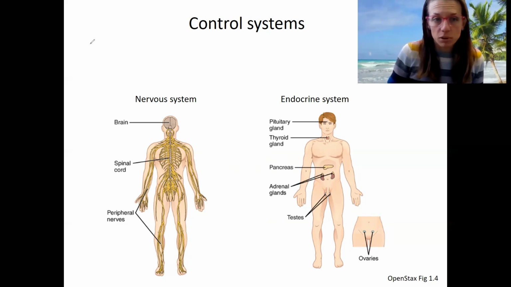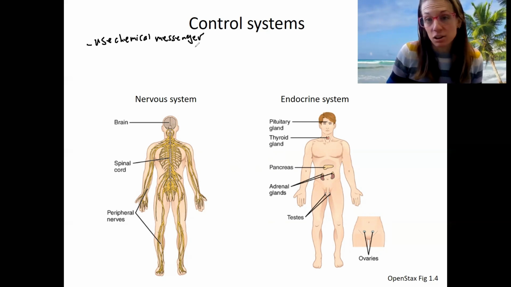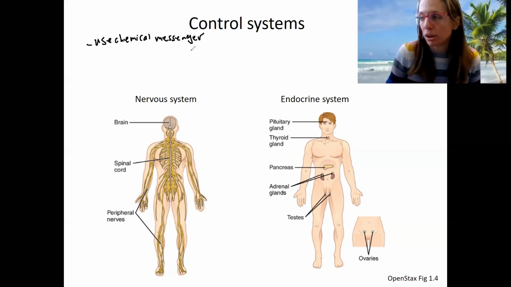So let's see, they both use chemical messengers. The chemical messengers are called different things and function differently. So in the nervous system, they require action potentials. In the endocrine system, they're spread through the blood. So signaling molecules to communicate.